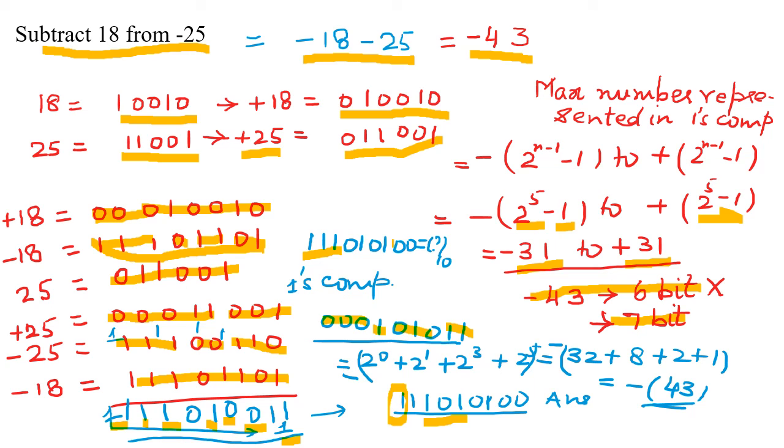So it is minus, then 2 to the power 0 plus 2 to the power 1, then corresponding to 0 we have 2 to the power 3, and corresponding to 0 again 2 to the power 5. That is equal to minus 32 plus 8 plus 2 plus 1, which makes it equal to minus 43, and minus 18 minus 25 is equivalent to minus 43.